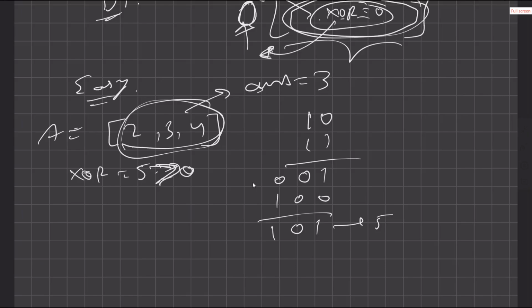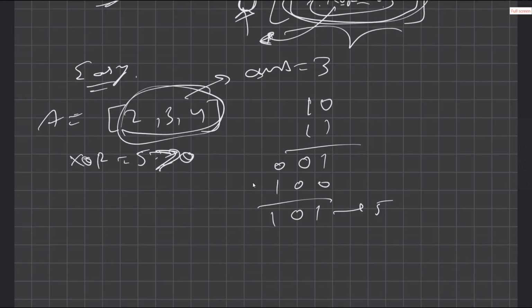So from this, what I'll try to do is first take the entire array. If the entire array XOR is non-zero, my subsequence will be the entire array length, which is 3 in this case. But in the previous case, when you saw, it was 1, 2, 3, right? When I took the entire array XOR, it was 0.